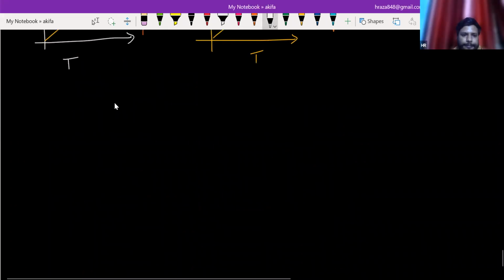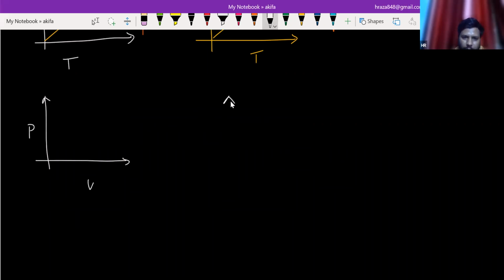Another graph. If I give you this, please plot the graph on your own and name it.